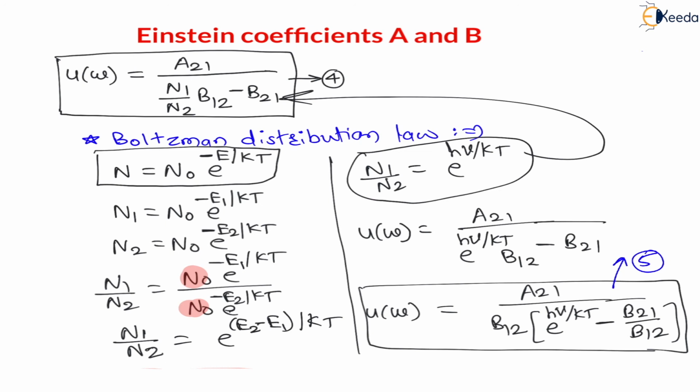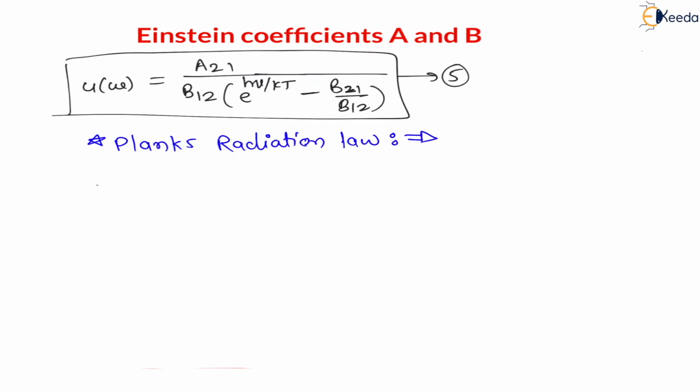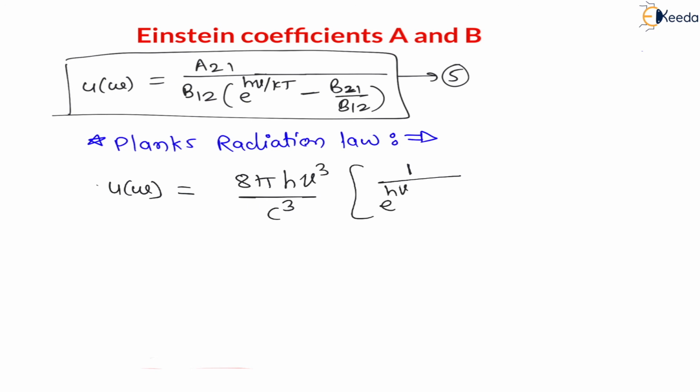Now after this fifth equation, we have to equate this equation with the help of Planck's radiation law. So let us understand Planck's radiation law. You must remember this law. From all the previous lectures, I am directly importing the law. u omega is written as 8 pi h nu cube divided by c cube into 1 upon e power h nu divided by kT minus 1.